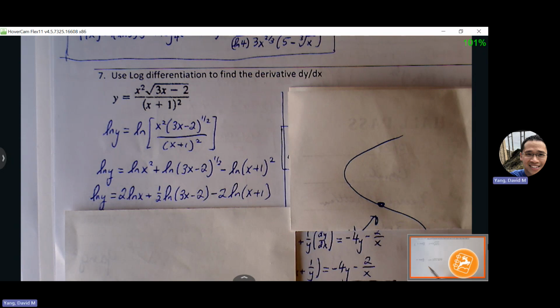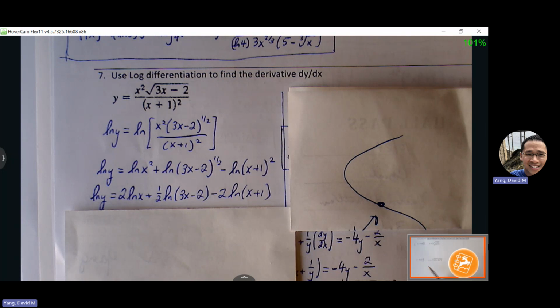Okay, so much like number 2, there's no product rule that we have to go through. So this one, just 1 over y dy dx, and then u prime over u for the rest of it. You'll bring that y over to the right.